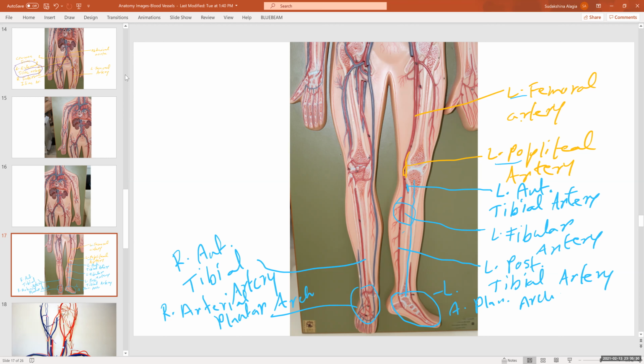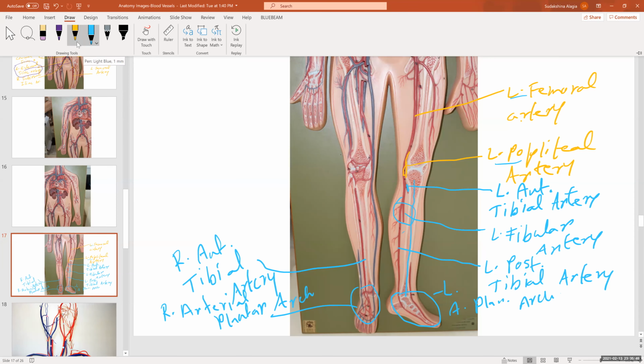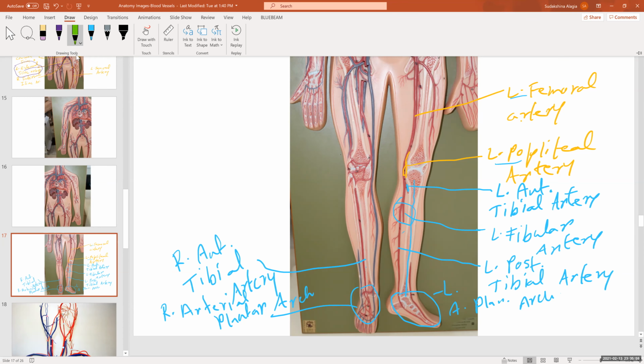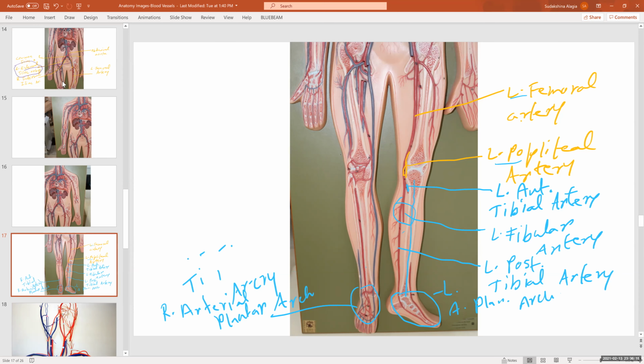So when you are looking at the veins that are draining from the lower and upper extremities as well, you will have a set of veins that are called deep veins and a set of veins that are called superficial veins. So deep veins and superficial veins.